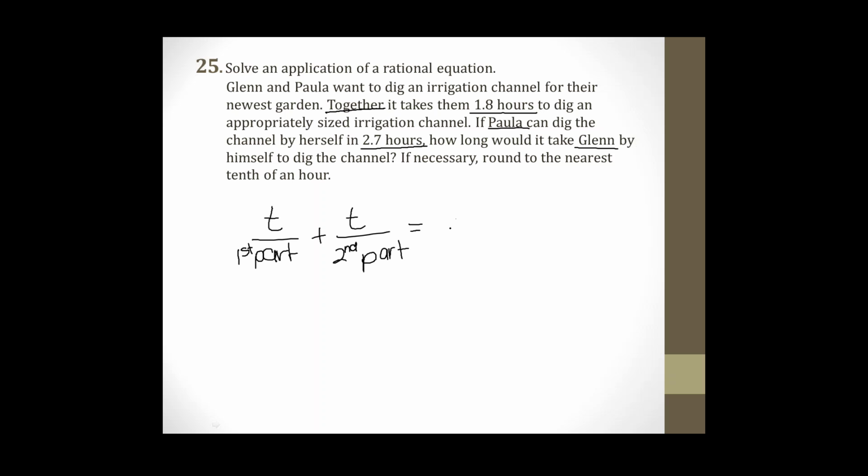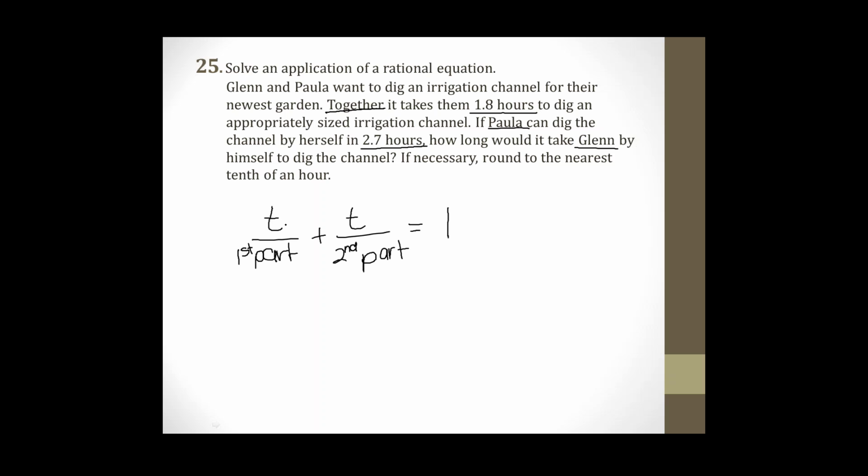The wording is going to be different, but the setup is always the same. You have the job of one person adding the job of the second person, and you should get one complete job. Last time we set it up differently, which is also a way to do it, but for this problem, this setup is much easier.